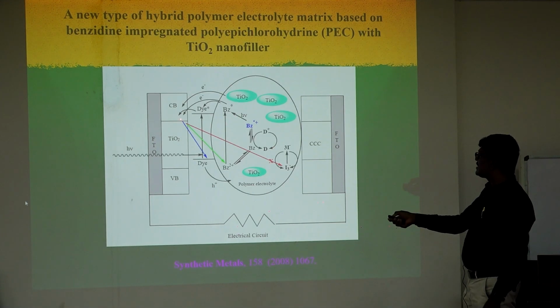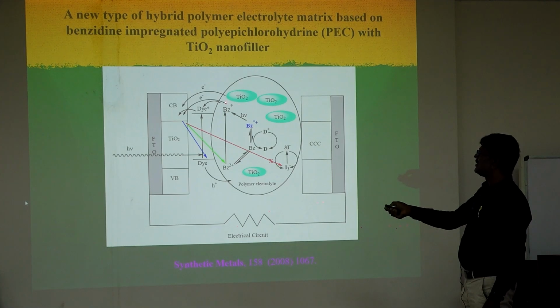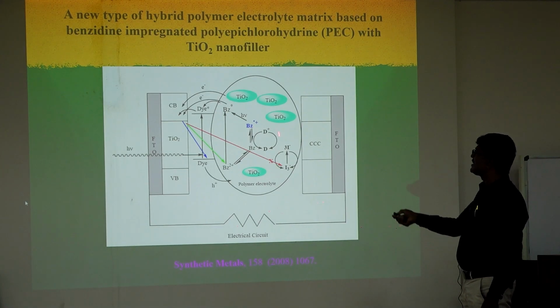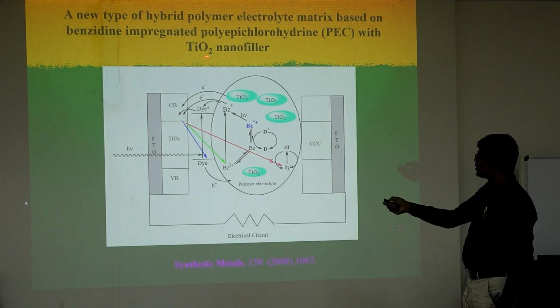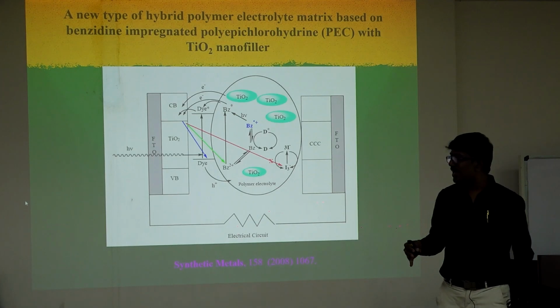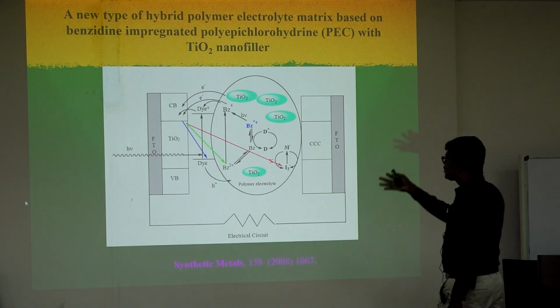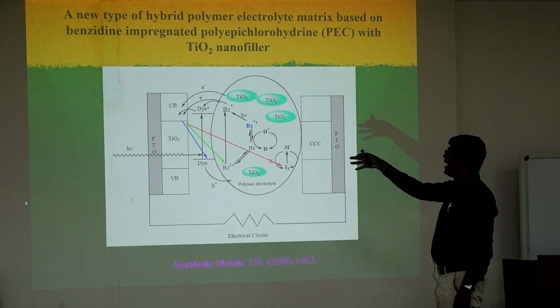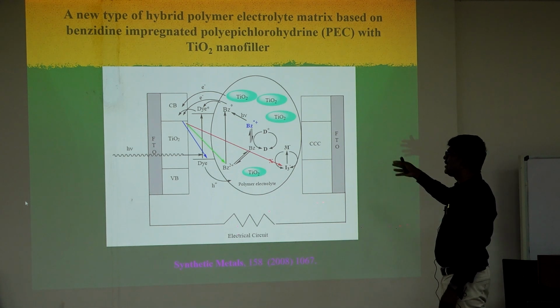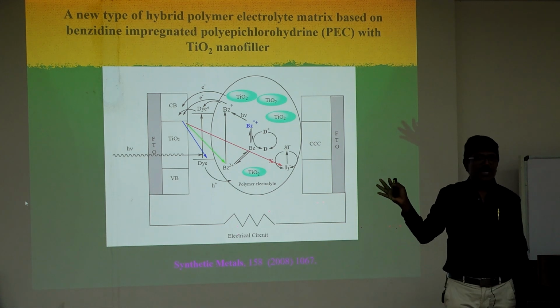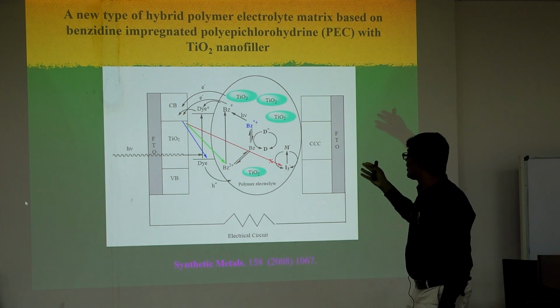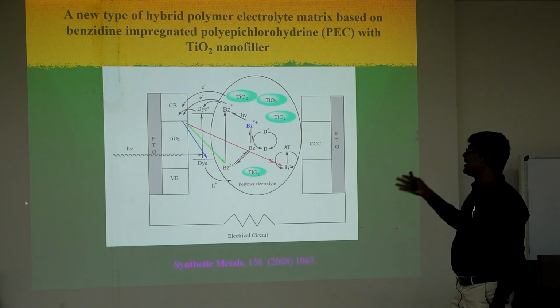So these electrons come and react with your benzidine molecule and push the electron to radical, diradical, etc. So once again this pushes the electrons to the conduction band. Once the electrons come back, the failed electrons are also pushed back to the upper state and then return back to the circuit actually. So a good efficiency can be achieved. That's the advantage of your electrolyte with the benzidine molecule, etc.